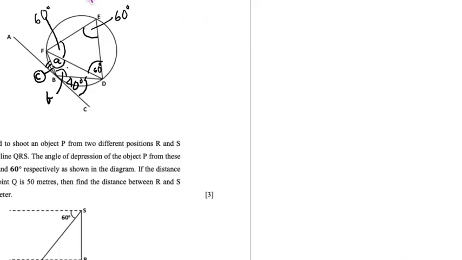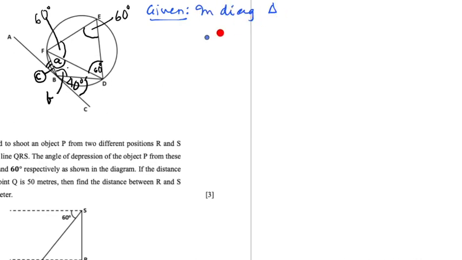We have to write what is given. We will say in the diagram, triangle FED is an equilateral triangle. Then we have angle CBD equal to 40 degrees.